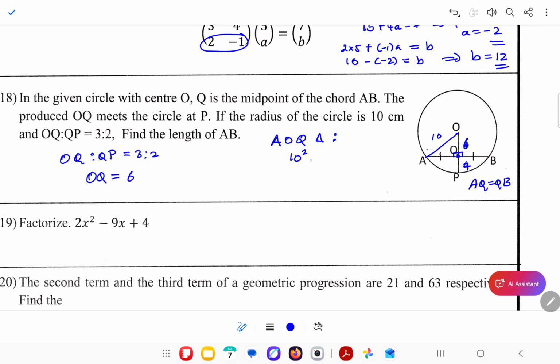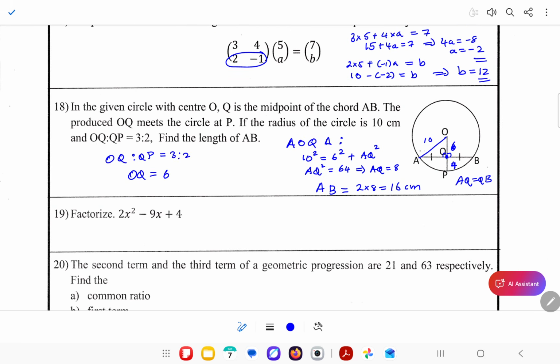So 10 squared is equal to 6 squared plus AQ squared. So AQ squared is equal to 64. So AQ is equal to 8. So then AB is double of that. So 16 centimeters. Right.